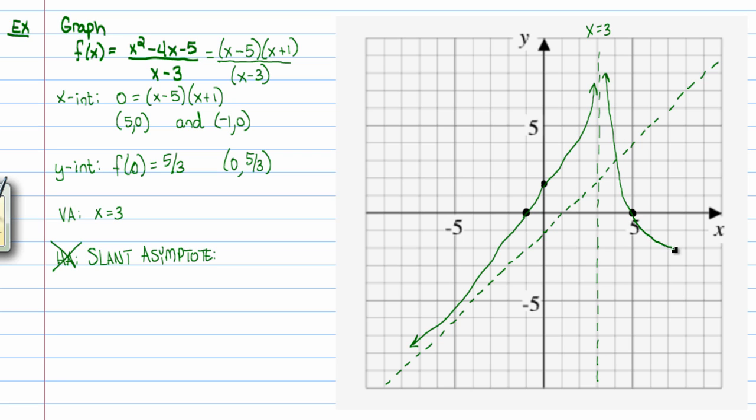The fact is, it would look like this, but the problem is that it needs to come back up here and tend towards the asymptote, and that means we need to hit another x-intercept, which we don't have. So I'm going to take both those away. I'm going to draw out the most logical way, which is that it comes down here, it hugs the vertical asymptote, comes up here and hugs the slant asymptote. And actually, if you graph this on a graphing calculator, this is exactly what it'll look like.